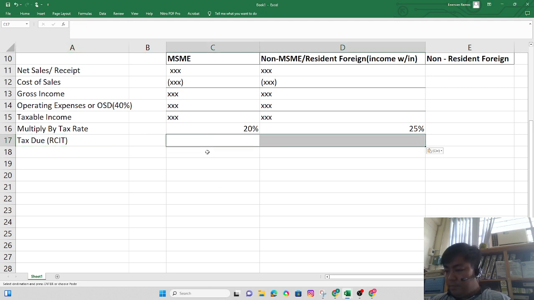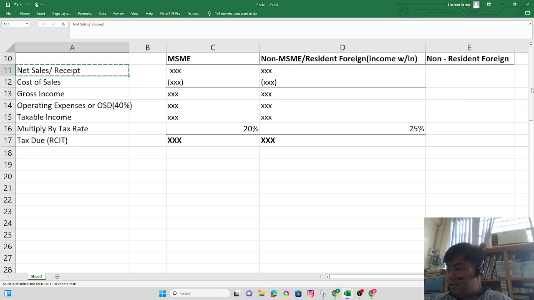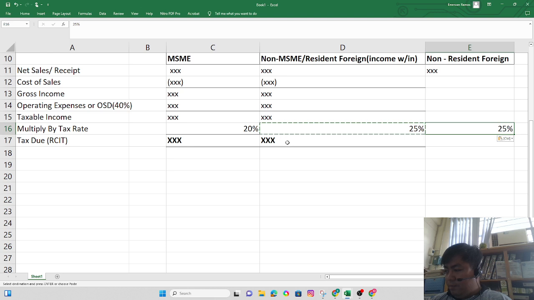Okay? So, how about for our non-resident foreign corporations? So, for non-resident foreign corporation, our tax base is the sales or receipt multiplied by our tax rate to come up with our tax due.